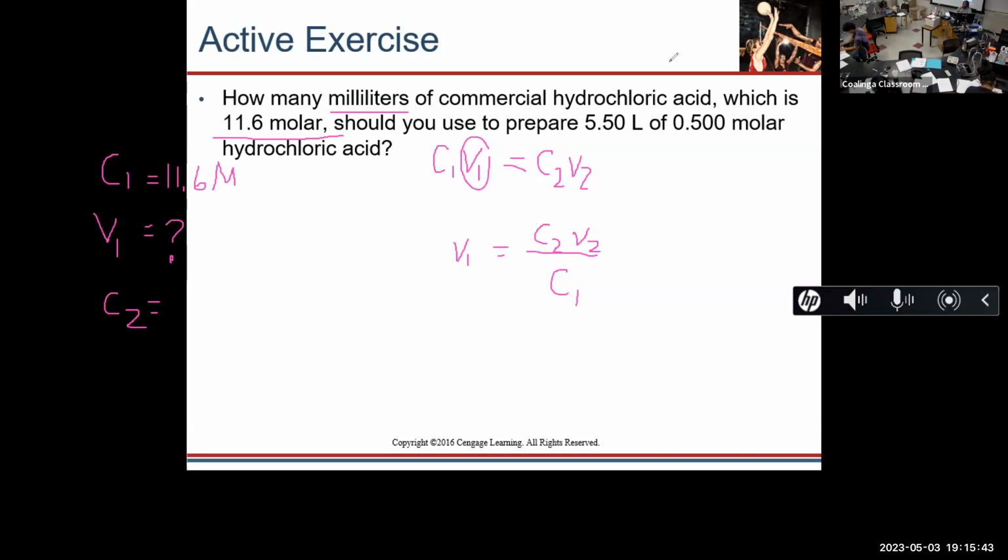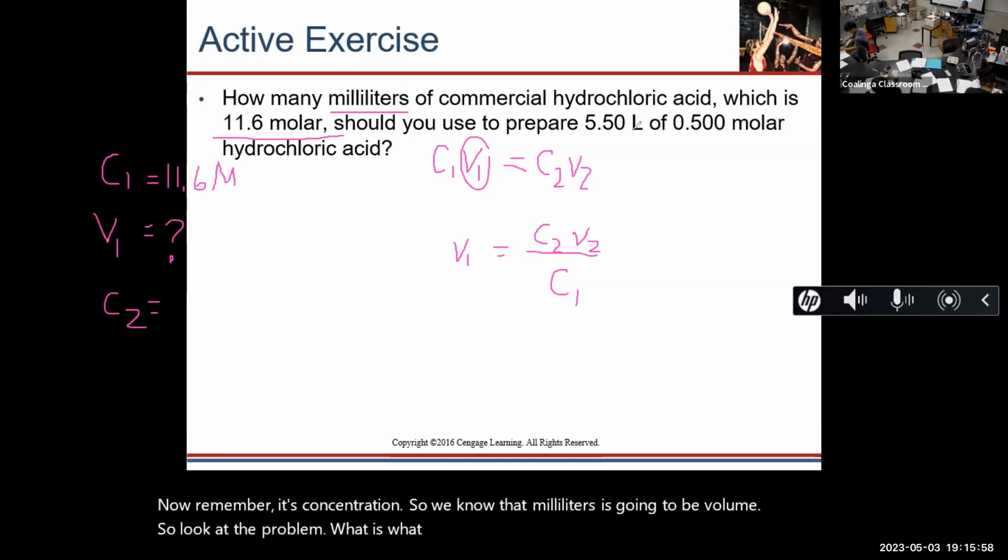Okay, now remember it's concentration. So we know that milliliters is going to be volume. So look at the problem. What is going to represent concentration?